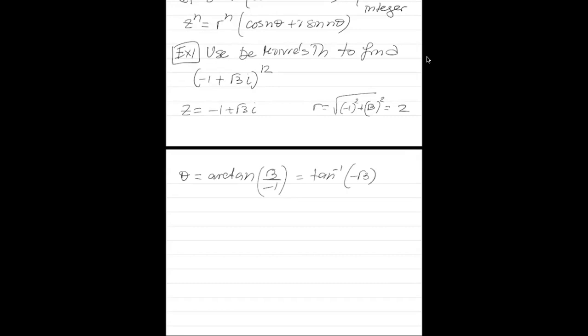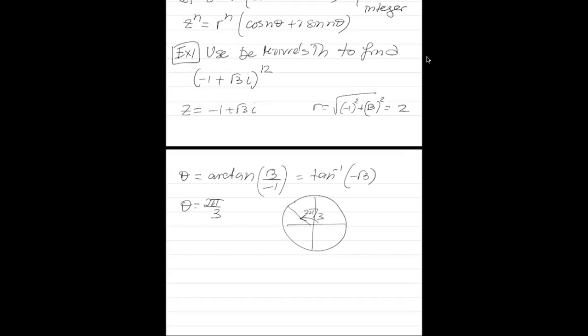So the angle theta is 2 pi over 3. Now we can see that in the unit circle. Where is tangent negative? In the second and fourth quadrants. In the second quadrant, right here, that's 2 pi over 3.